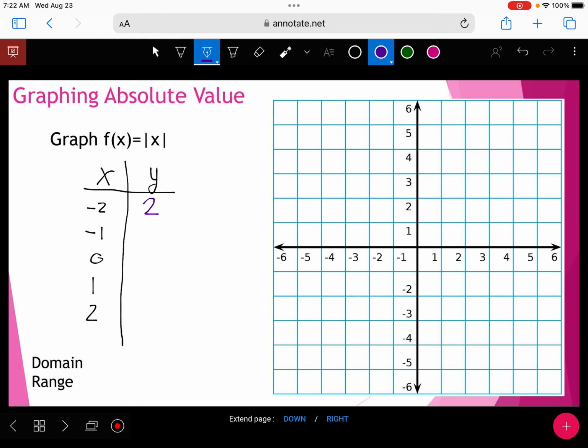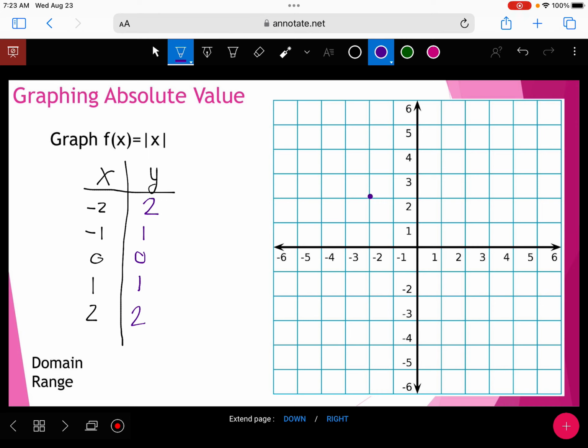It's how many steps away. So what is the absolute value of -1? +1. The absolute value of 0 is 0. It's 0 steps away from 0. Absolute value of 1? 1. And absolute value of 2 is 2. Okay, so this gives us our ordered pairs to plot.